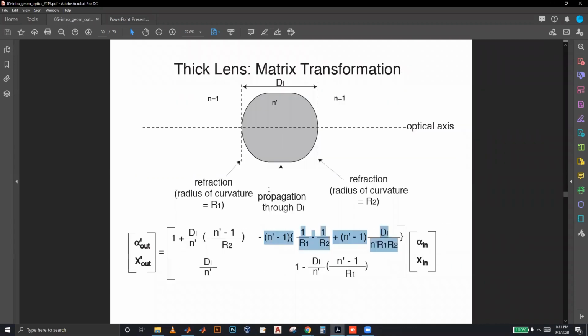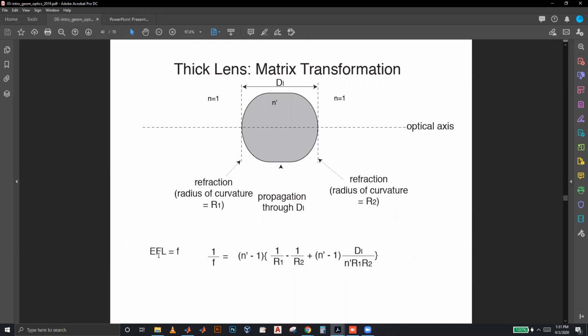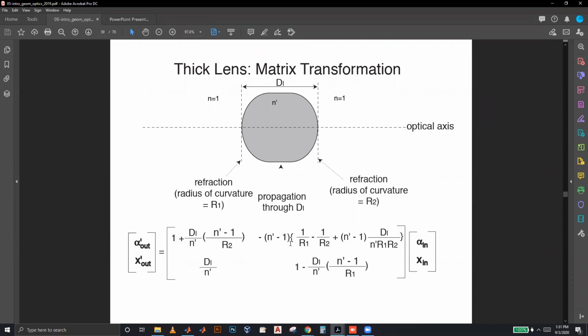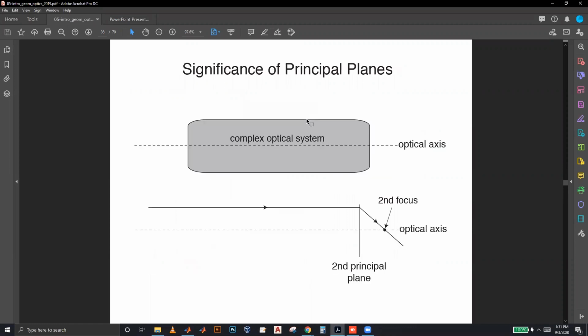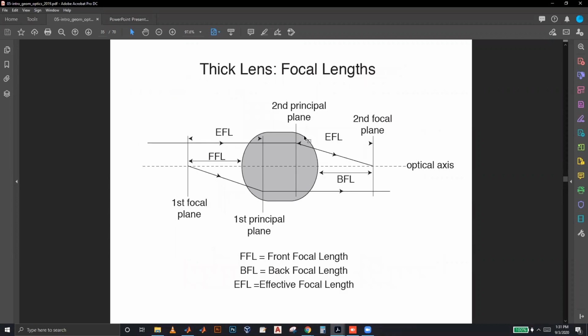So we can also define the effective focal length f, and 1 over f, the power, is this term. So this is the power term here. Power equals 1 over focal length. And in the case of a thick lens system, the focal length is the effective focal length, as shown here.